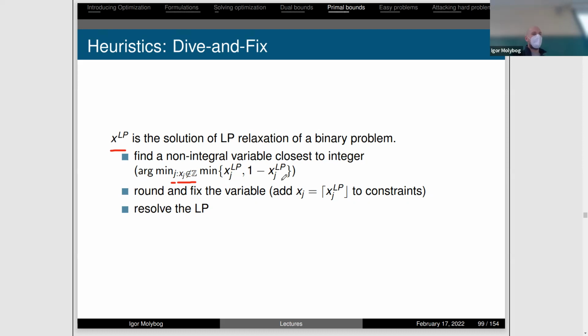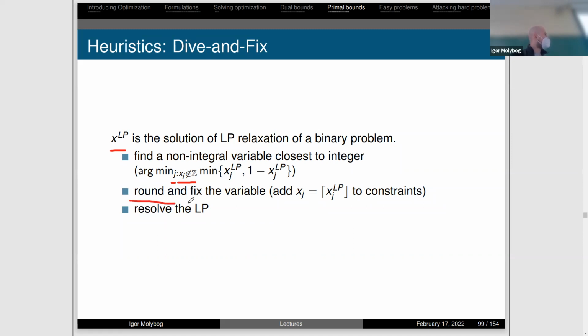For example, a value of 0.001 is very close to being 0, and the value 0.99 is very close to being 1. So it's very likely that rounding those particular values would bring us more benefit and will result in a closer solution to the one that we are trying to achieve.